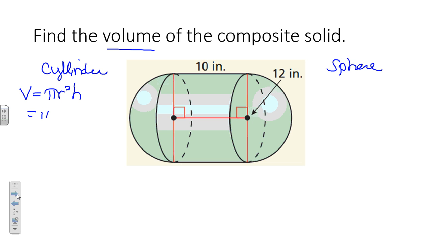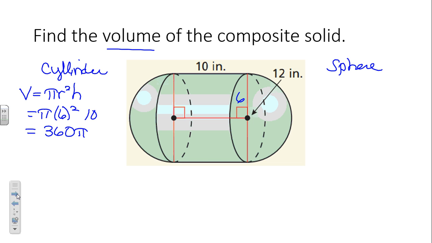So pi, what's the radius of that cylinder? Good. Why is it 6? Half the diameter. So pi times 6 squared. What's the height of the cylinder? 10. So 36 times 10 is just plain 360. 360 pi.